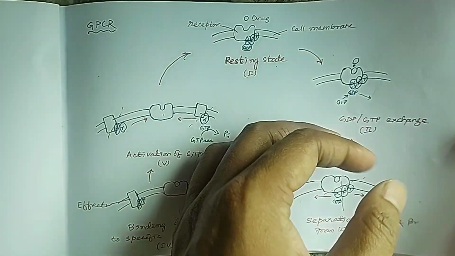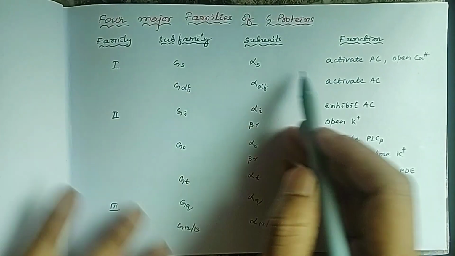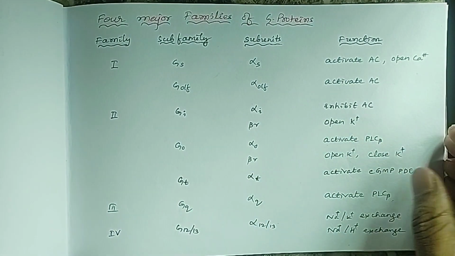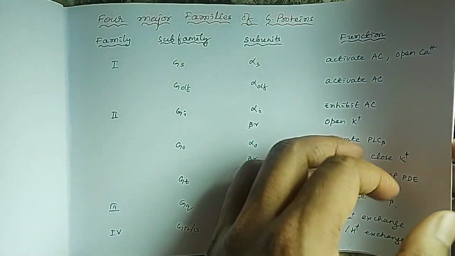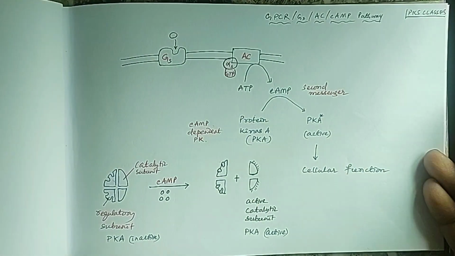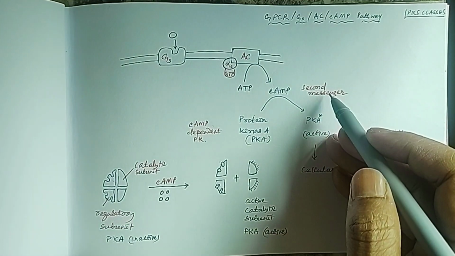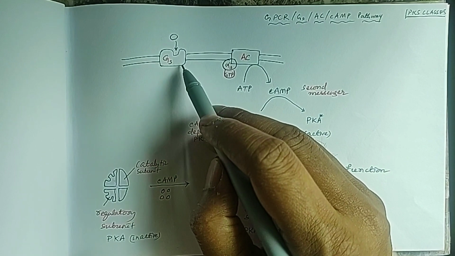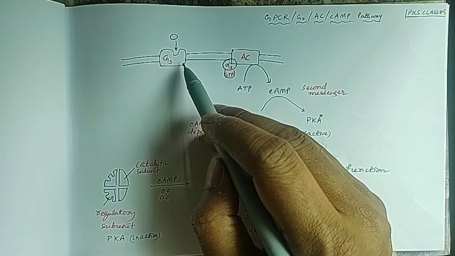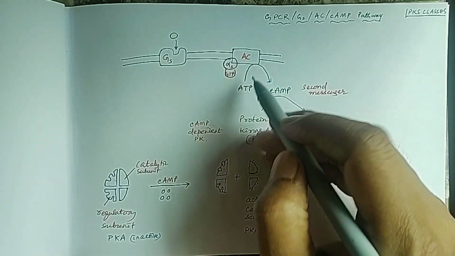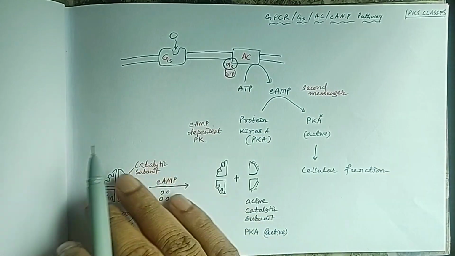For a GS type of G protein coupled receptor, the effector is adenylate cyclase. It will activate adenylate cyclase and there will be formation of cyclic AMP, which is the second messenger. So when the ligand binds, alpha S GTP dissociates from the receptor and binds to the effector adenylate cyclase, where ATP is converted to cyclic AMP.